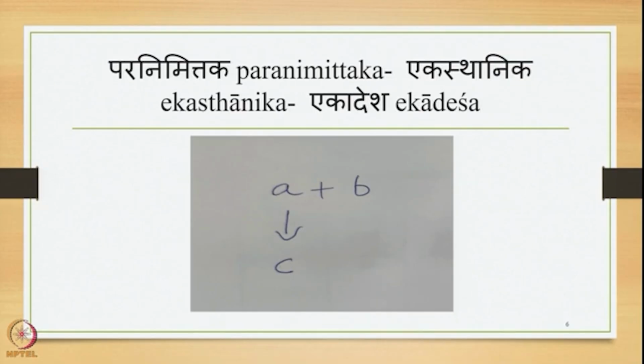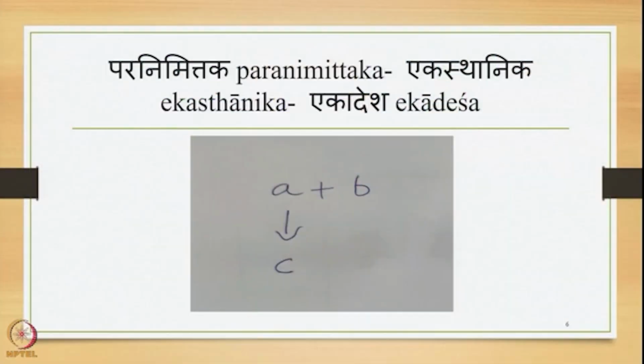Purvanimittaka Ekasthanika Ekadesha was already studied in the previous lectures, especially when we studied the sutras Stoho Shchuna Shchuhu as well as Shtuna Shtuhu, dealing with the Shchutva Sandhi and also the Shtutva Sandhi.